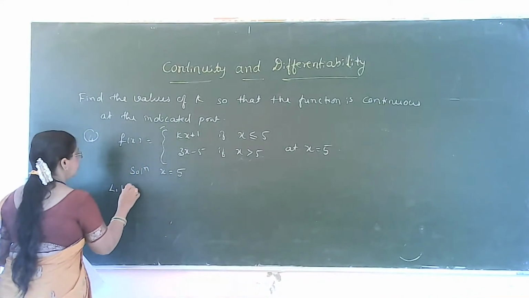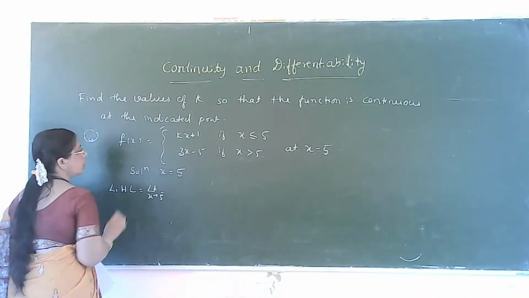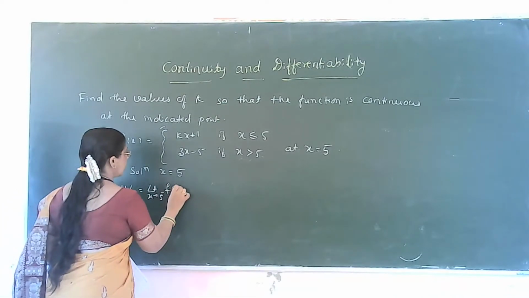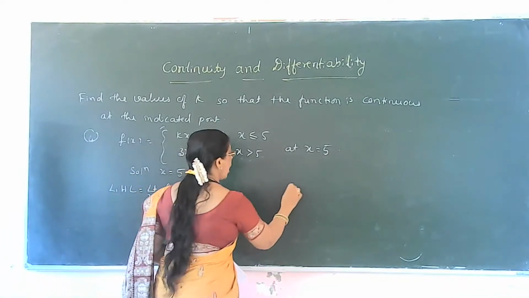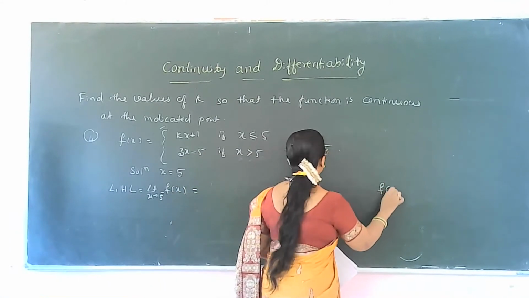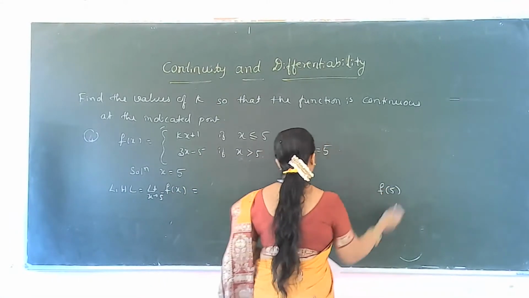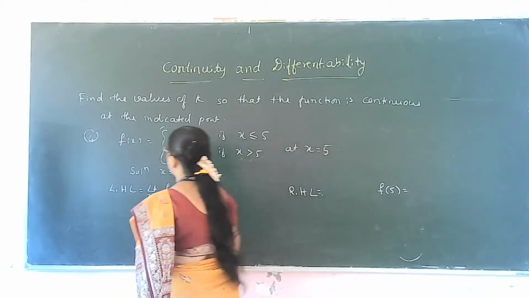LHL is equal to limit of x tends to 5 minus f of x, which is equal to, we have to write this one, RHL and f of 5 also. We have to find all these things.